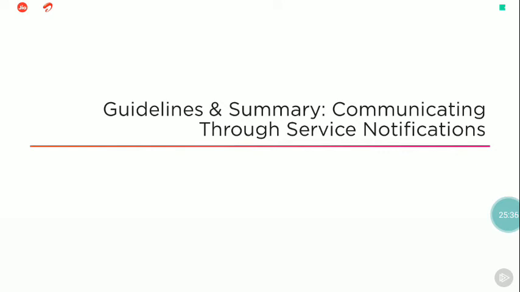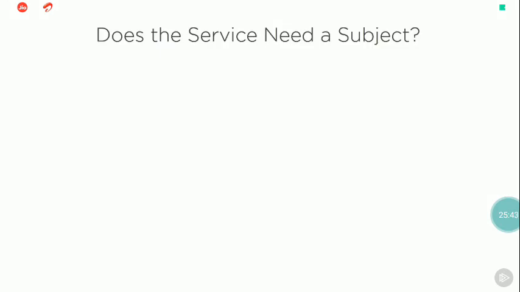As we've seen throughout this course, guidelines are helpful when evaluating communication techniques. The first question we should ask ourselves is whether a service needs a subject or one of its variants at all. It doesn't need a subject if notifications are not required. If the service is simply a bag of properties or shares entity data, it may not need to provide notifications.